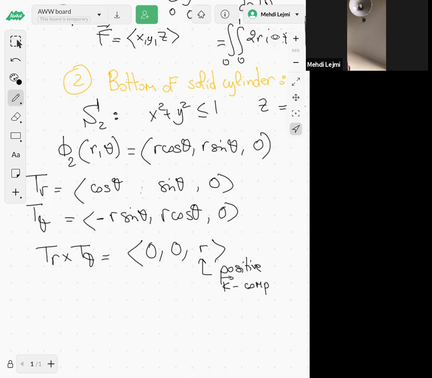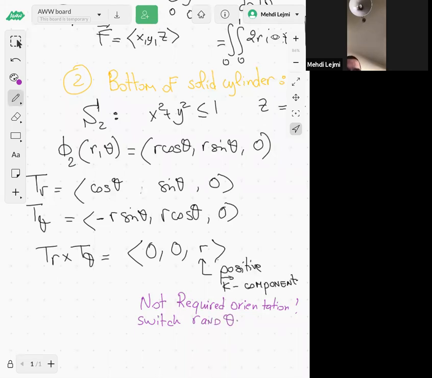So we need to switch the order of our parameterization. This is not the required orientation. So we need to switch r and theta.